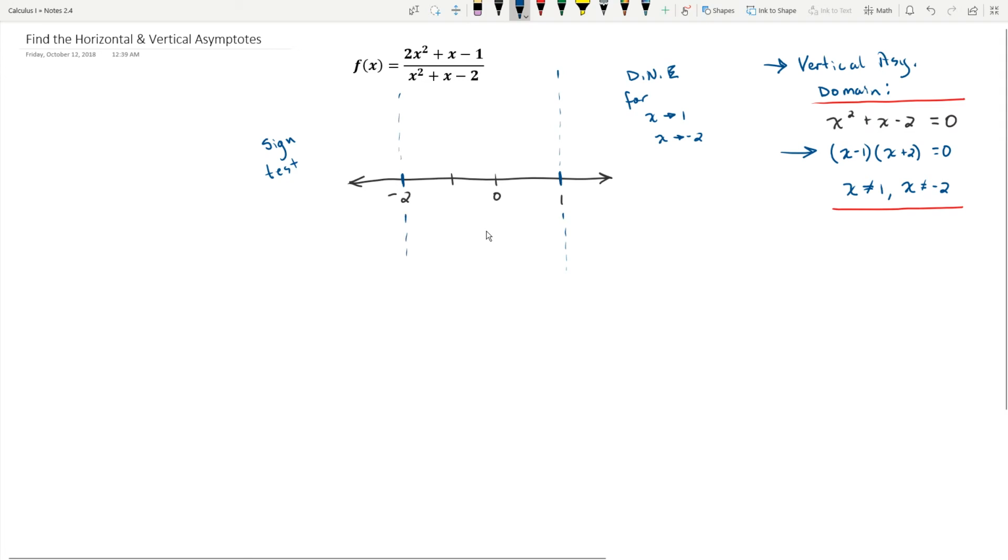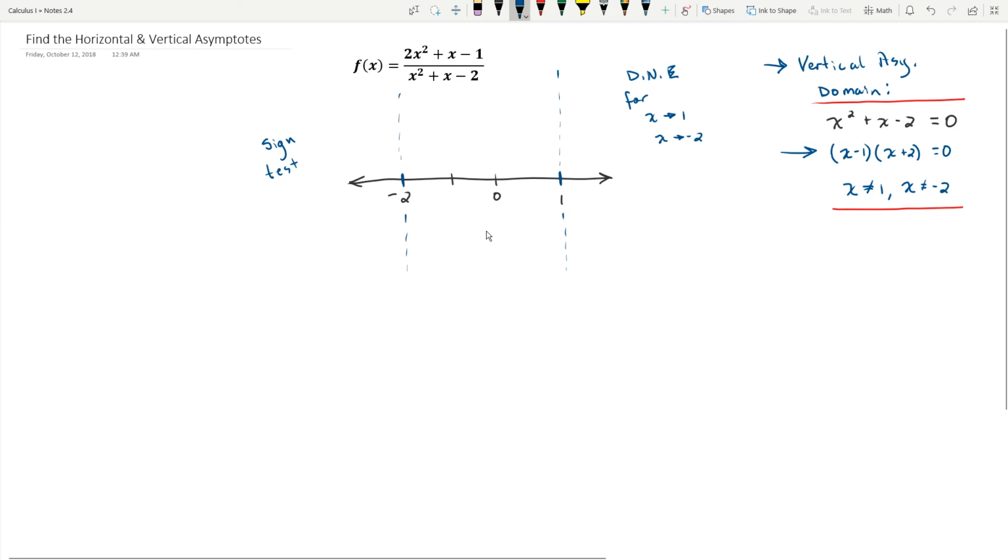But we also want to know what the graph is doing as it approaches those values. In this question, it's not actually asking us that, from what I remember. It was just specifically asking where the vertical asymptotes exist and where the horizontal asymptotes are. Well, let's go ahead and see what happens.